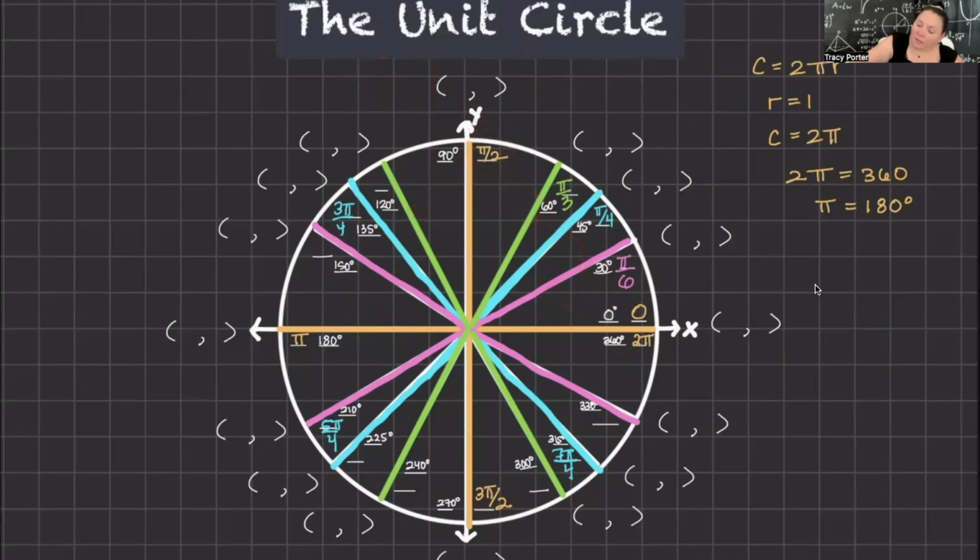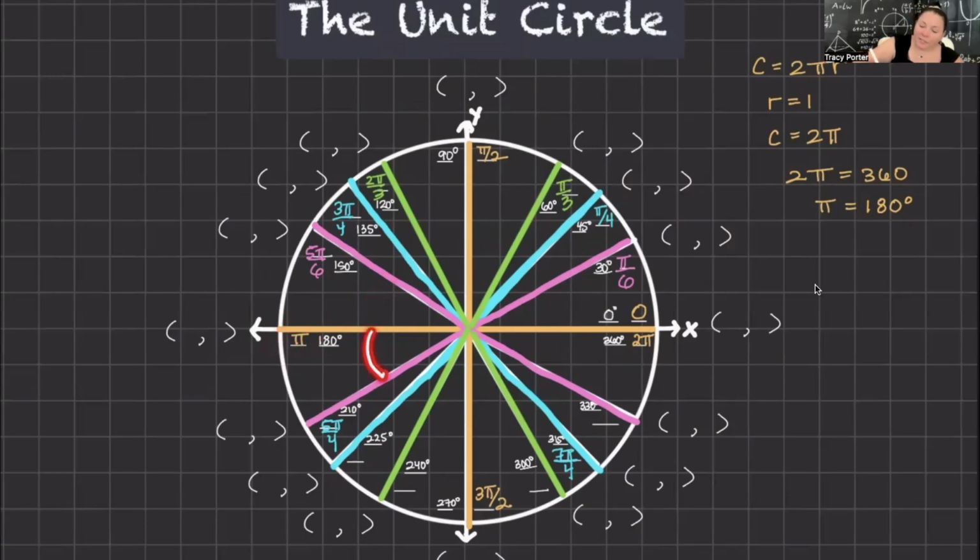So in this spot, we're going to mark 2 pi over 3 radians. Keep going. So that's 4 pi over 6, 5 pi over 6. So 5 pi over 6 is going to go right here. And then going to pi, we'll give you 6 pi over 6, which simplifies to pi.